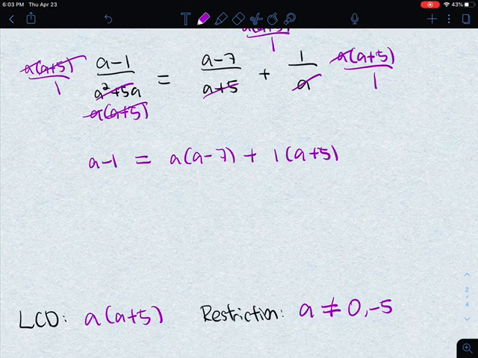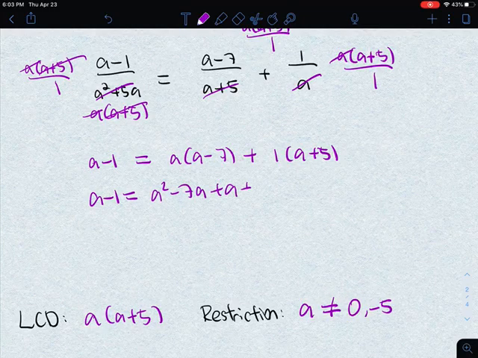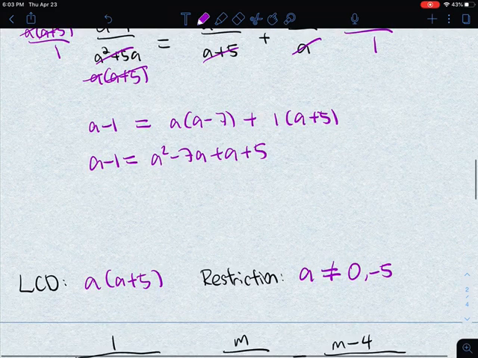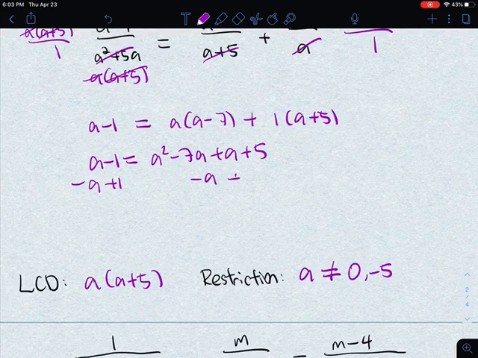And again, we should end up with an equation with no fractions. So let's go ahead and distribute minus 7a plus a plus 5. And once again, we have a quadratic. So let me go ahead and set one side equal to 0.